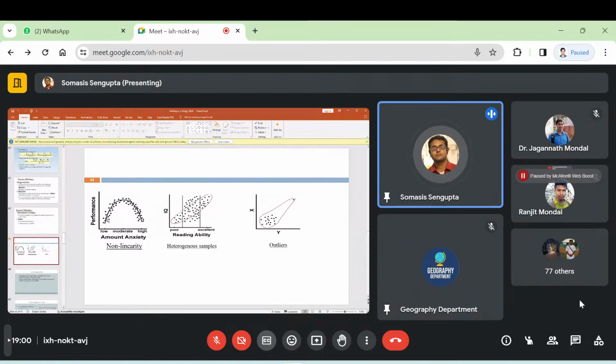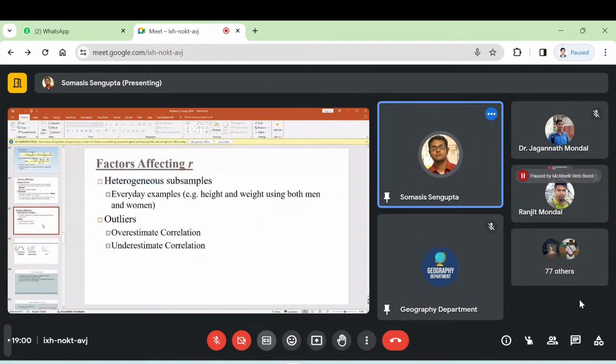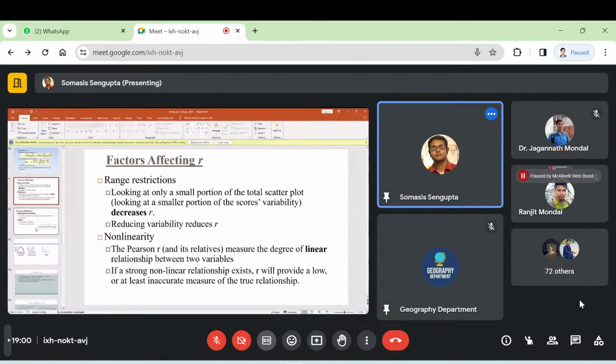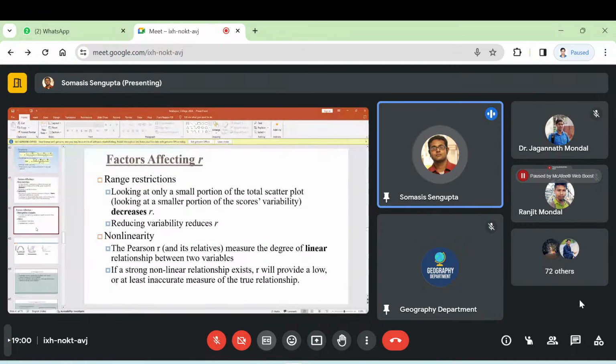As your anxiety increases, yes, up to a certain point the performance will increase, but too much anxiety will again cause a drop in performance. So this is what I was telling, a non-linear relationship. So when there is a non-linear relationship, of course, it will be very difficult to get the value of R.